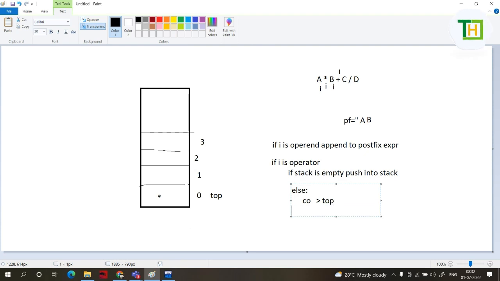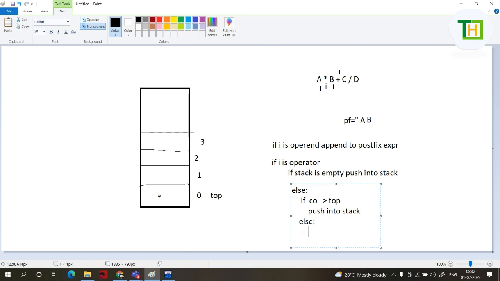In this case also, I have to push into the stack. But here, the addition operation is less priority than the top operator.